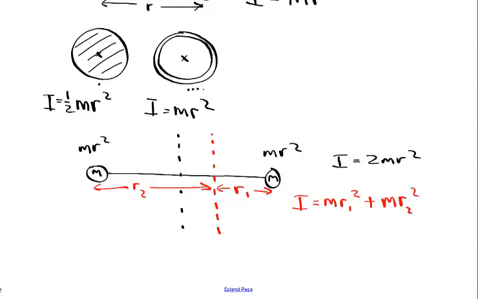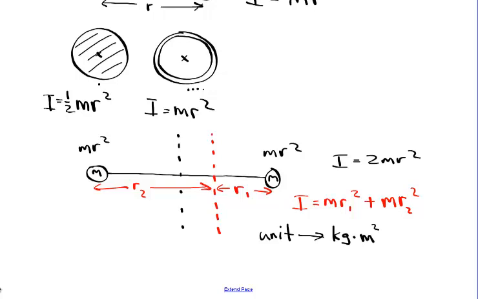And you could take this out almost to infinity. As long as you take each object in your diagram, figure out how far away it is from the axis of rotation, then you can sum up all the moments of inertia for each object in the array, and you'll have the total moment of inertia. The unit for moment of inertia is simply the unit of the variables in the formula. So for mass we have kilograms, and for distance we have meters squared.